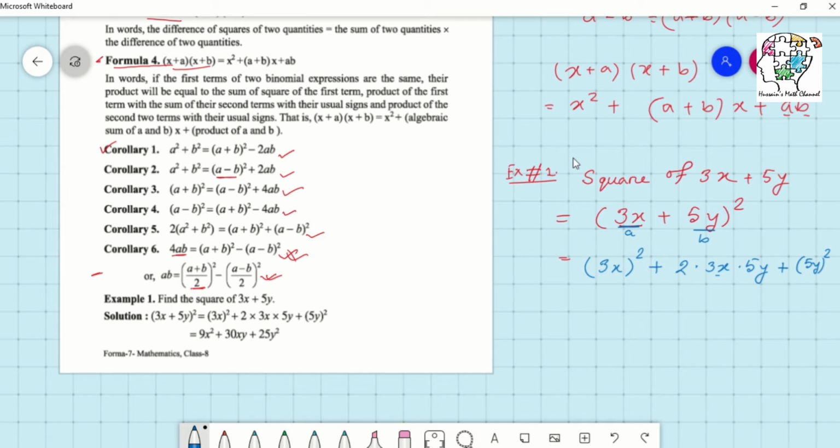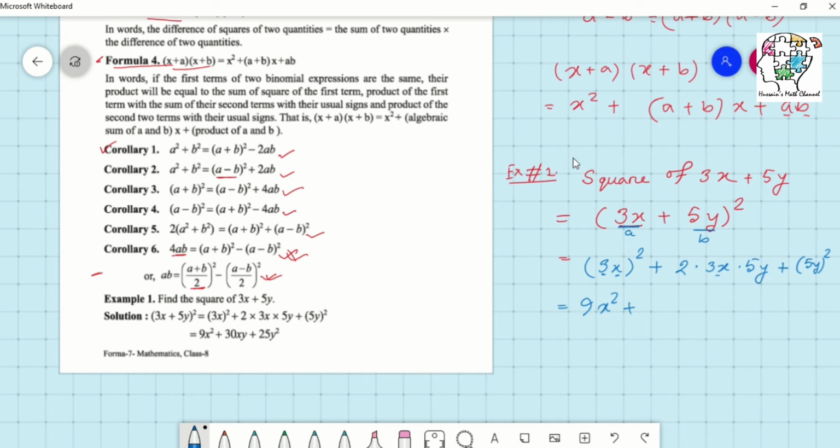If you see carefully, I use a bracket first, because there are two terms here, say 3 and x, so we use this bracket and then put the square here. Now if we square 3, we get 9, and then x squared.